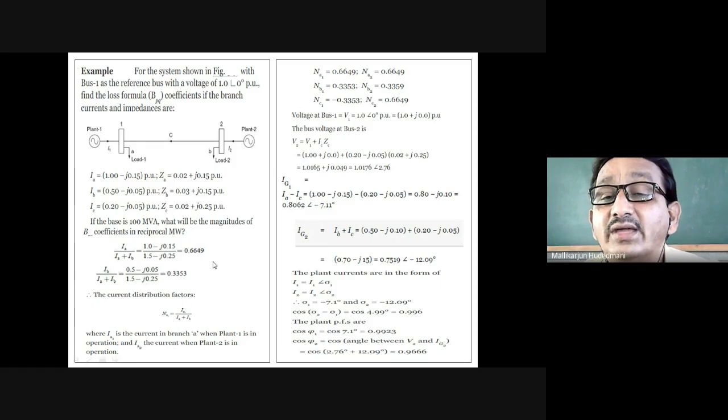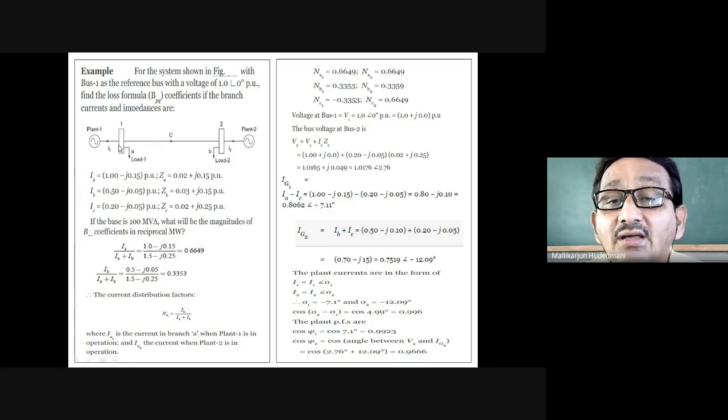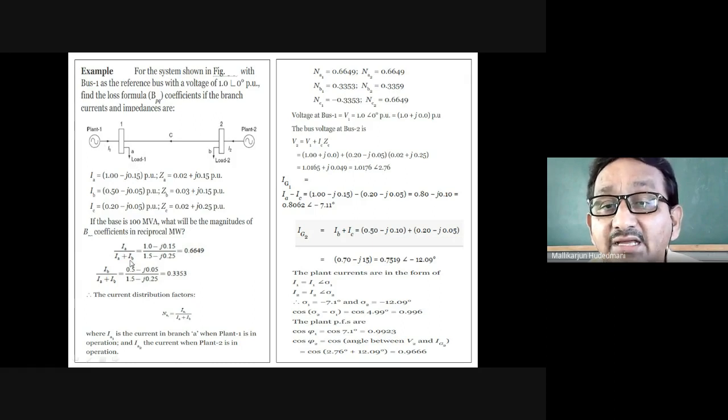I calculate, now we can see NA1, the current distribution factor of section A when generator 1 alone is dealing the load, that is IA plus IB. That itself is 0.6649. Then NA2, the current distribution factor of this section when generator 2 alone is dealing.